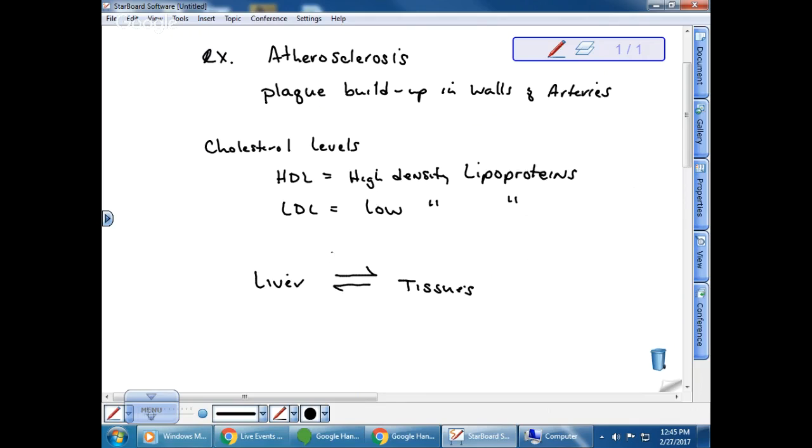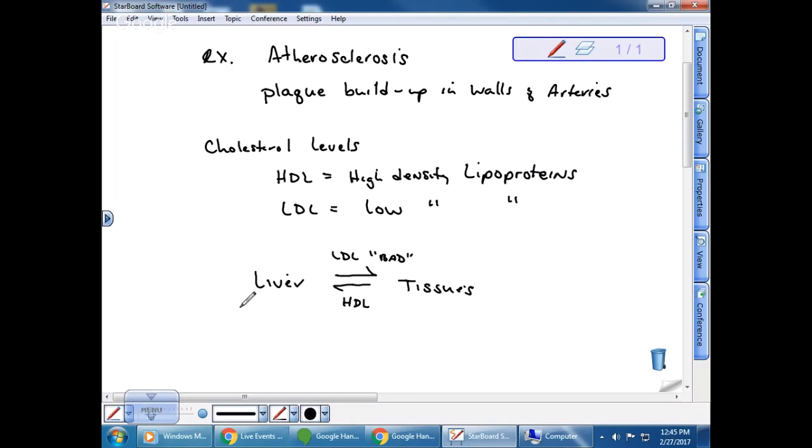Okay. So LDL is bad because what happens is it keeps the cholesterol in the blood, where it can eventually get into your arteries and cause plaque buildup, okay? HDL is good because we take it out of the tissues and we store it in the liver.